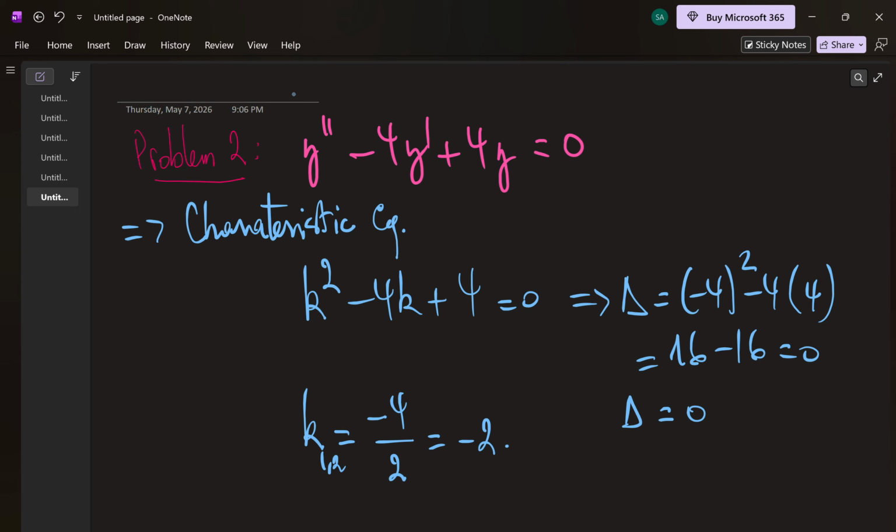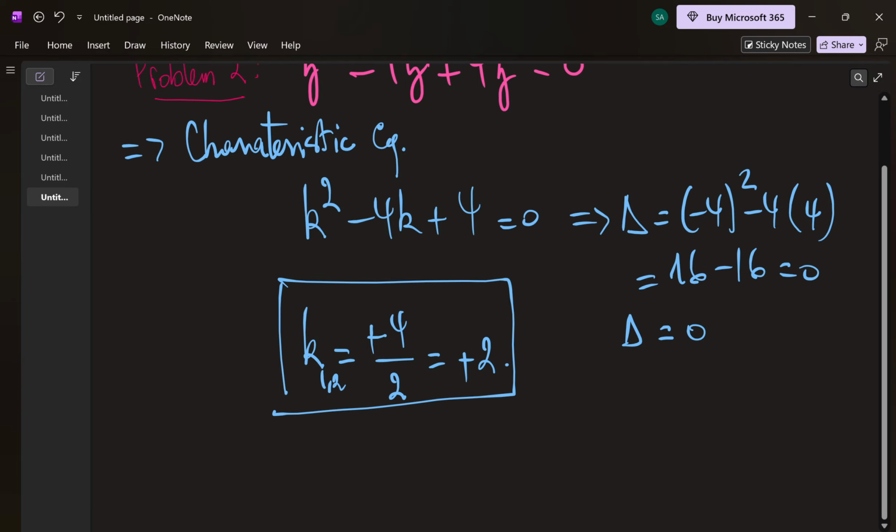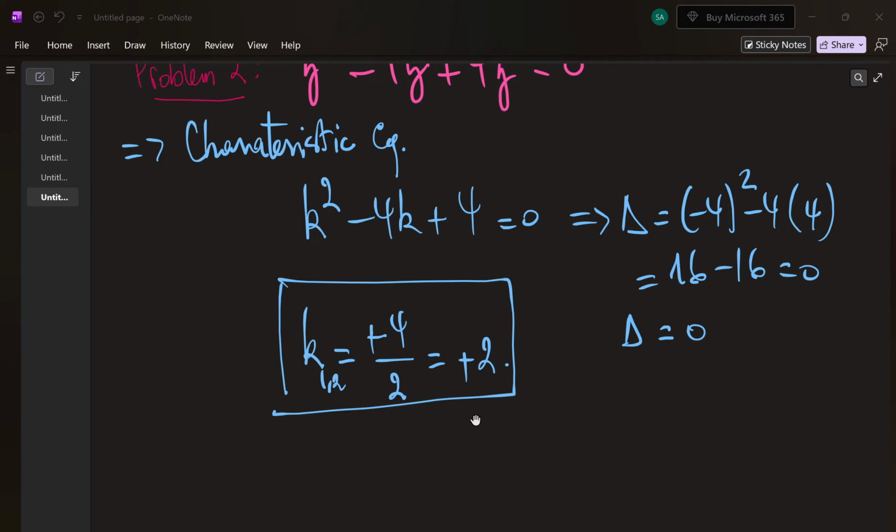So 2 squared is 4, and we have 4 minus 8 plus 4 is 0. Sorry, the real solution is 2. Okay, so this is a double root.